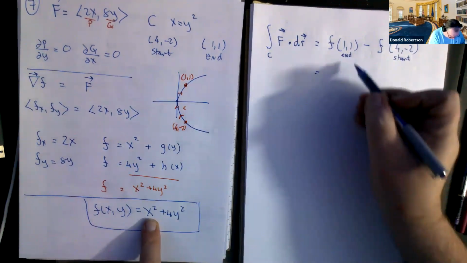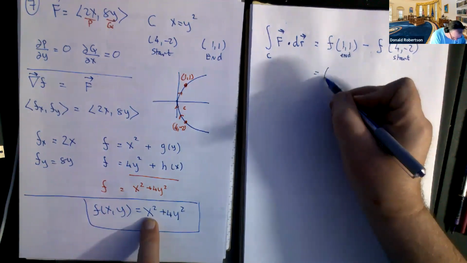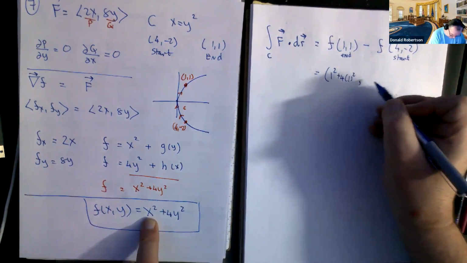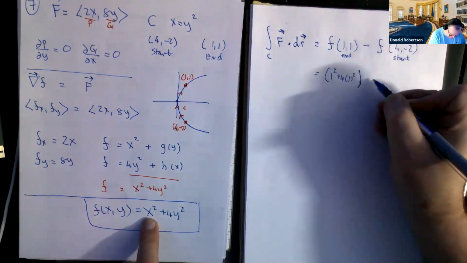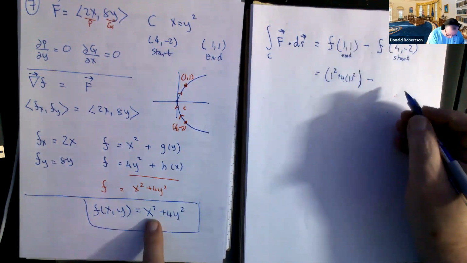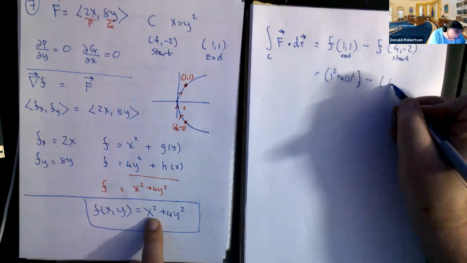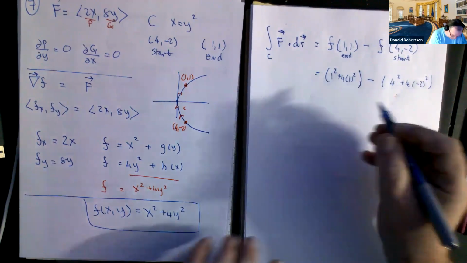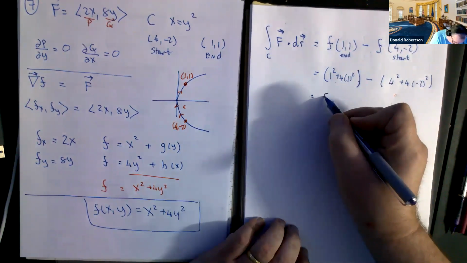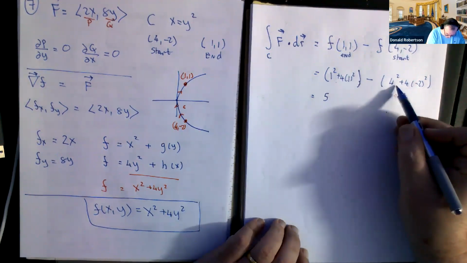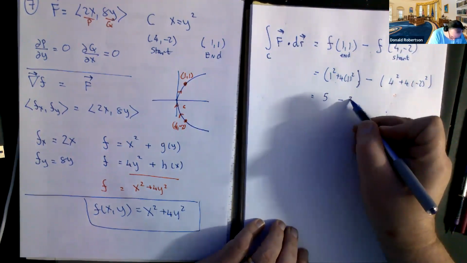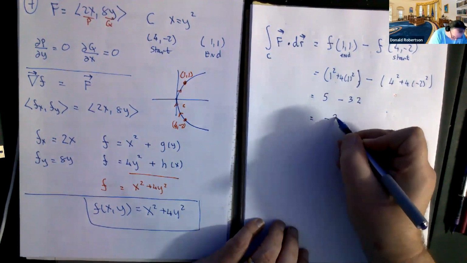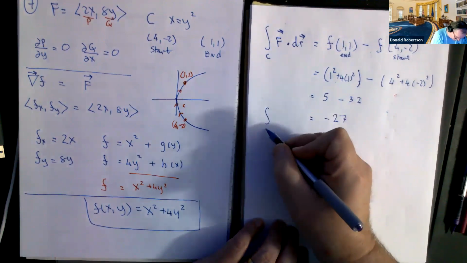If you evaluate this at (1, 1), you get 1 squared plus 4 lots of 1 squared. Take away, if you evaluate this function at (4, -2), you get 4 squared plus 4 times (-2) squared. And this guy is 1 plus 4, which is 5. And this is 16, so is that 16? So we'll take away 32. And that gets me negative 27. And we are finished.